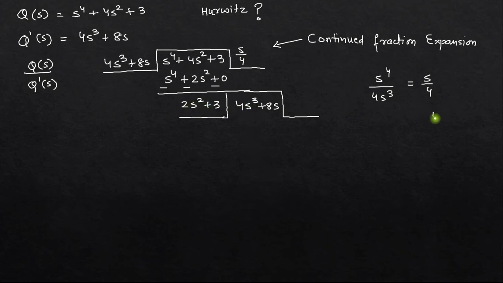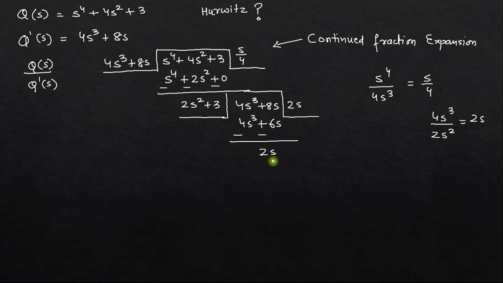Let us divide it here separately. 4s cube divided by 2s square, I will get 2s. That is, if I multiply this 2s with this, I will get 4s cube. So I should write 4s cube here, and if I multiply this 2s with this, I will get 6s over here. Changing the sign, I will get 2s here.